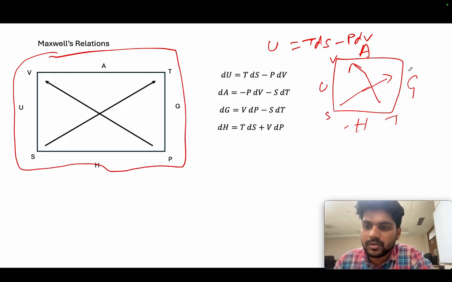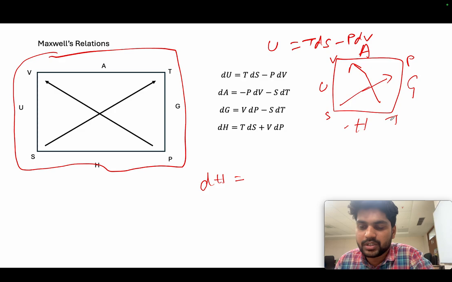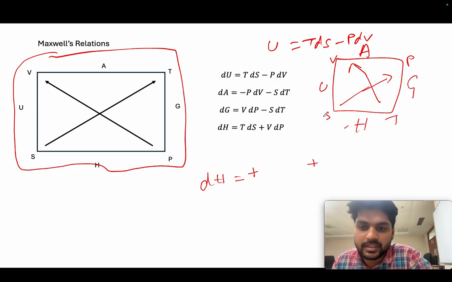So if you remember this, now if I write the formula for dH, it will be dH equal to, see if it is dH, the arrows on the two sides are not towards it, the arrows are away from it, so it will be positive from both sides. So it will be positive and positive, and these two will be the variables for this.